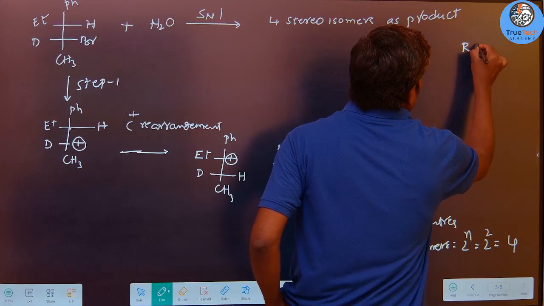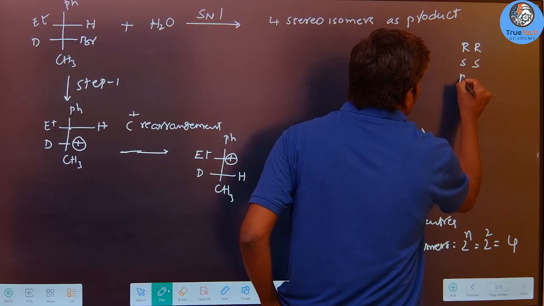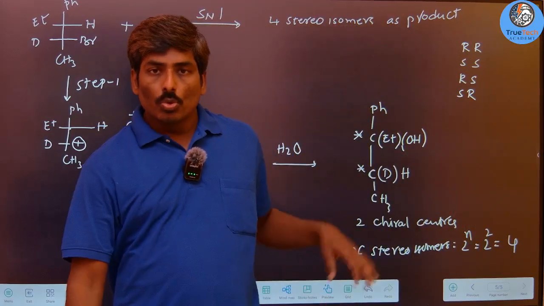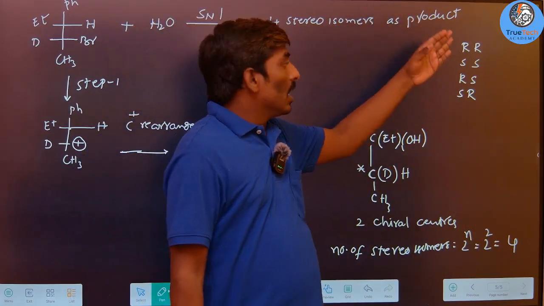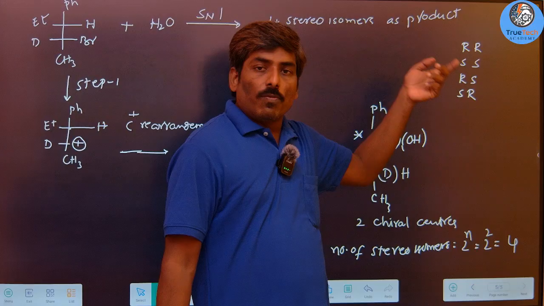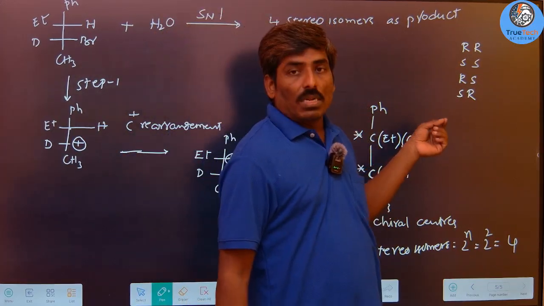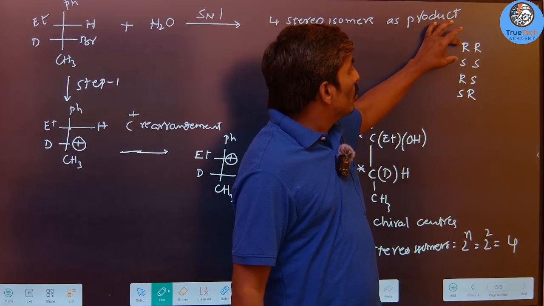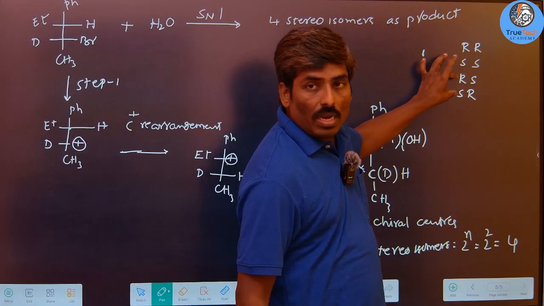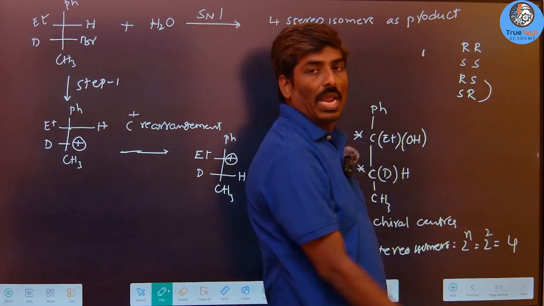The configuration can be RR, next SS, next RS, next SR. So with 2 chiral centers, these are the 4 possible configurations: RR, SS, RS, SR. We know these 2 are enantiomers, and those 2 are enantiomers.